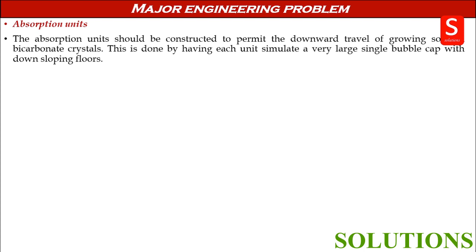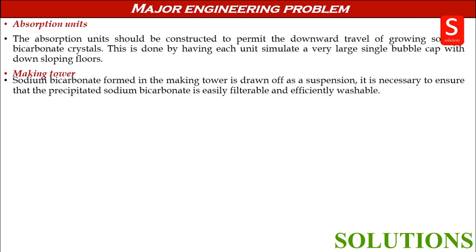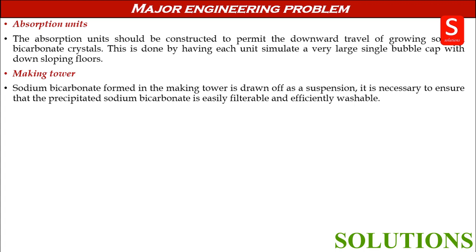The absorption units should be constructed to permit the downward travel of growing sodium bicarbonate crystals. This is done by having each unit simulate a very large single bubble cap with down-sloping floors. Making tower: sodium bicarbonate formed in the making tower is drawn off as a suspension.